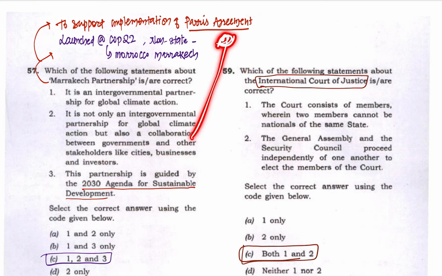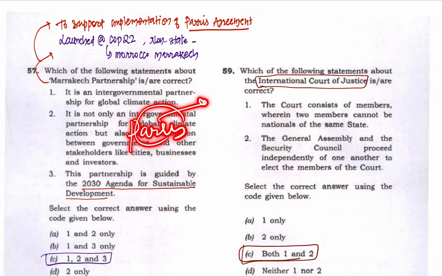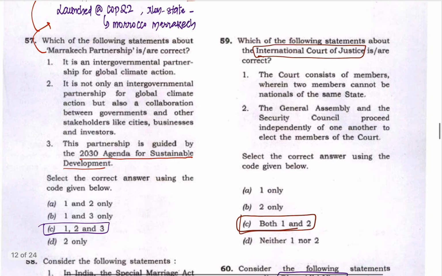So it checks that climate actions are in tune with the Paris Agreement. It promotes climate action to meet the objectives of the Paris Agreement. It also ensures that the 2030 agenda of sustainable development is achieved. So that was all about the Marrakesh Partnership.